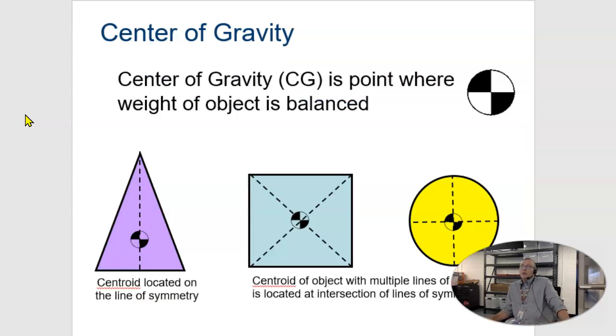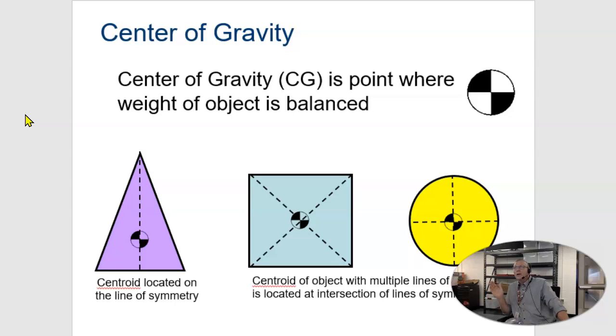We need to think about the center of gravity. Those of you who were in principles of engineering probably remember talking about this, where you found the center of gravity. It's the geometric center if the object is uniform in density. For an aircraft to work properly, the center of lift from the wing and the center of gravity need to be aligned.